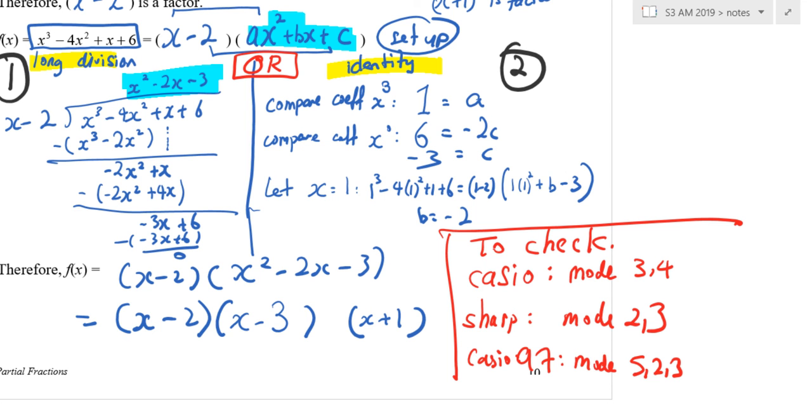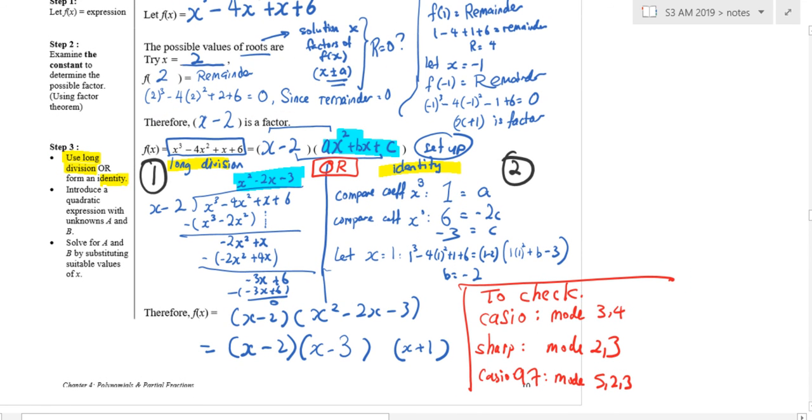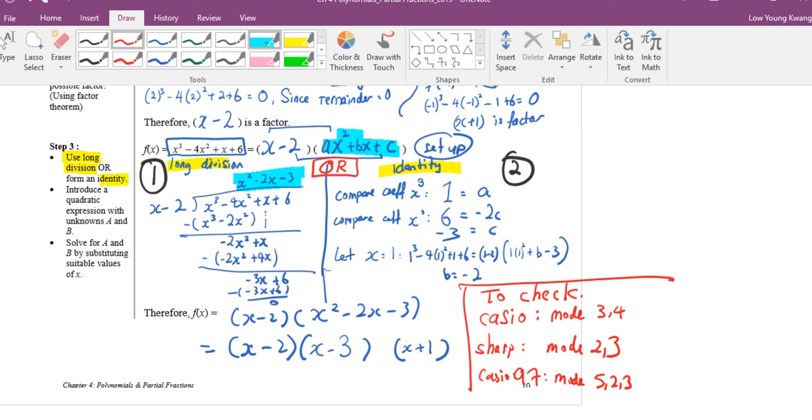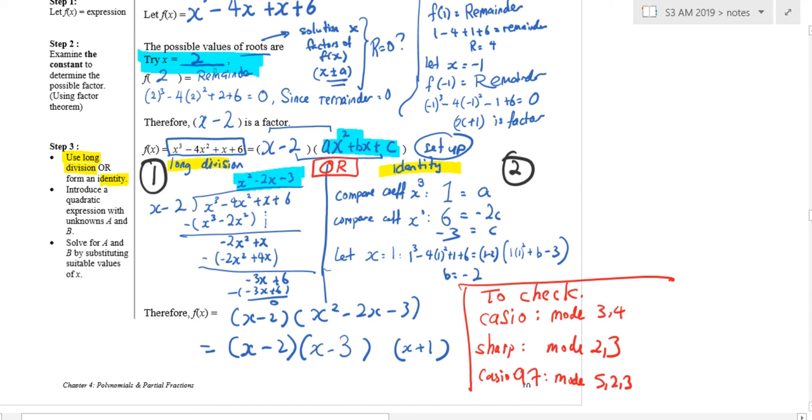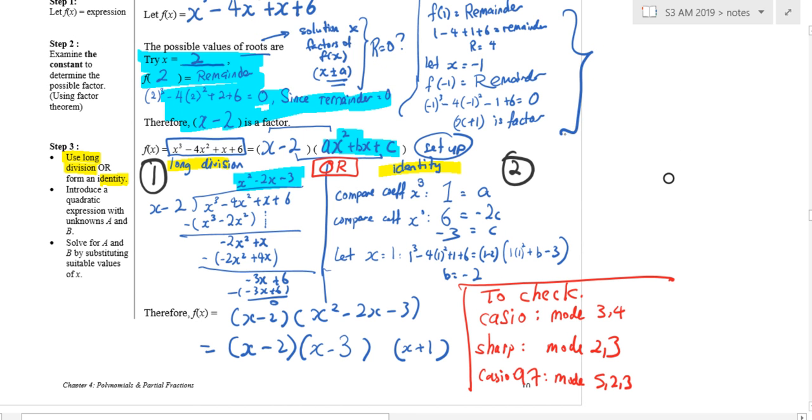Okay, good. Now, last thing, this is totally legal. This is totally legal. So, let me tell you, if you don't listen, too bad. Now, this thing here, may I ask you, try x equals to 2.